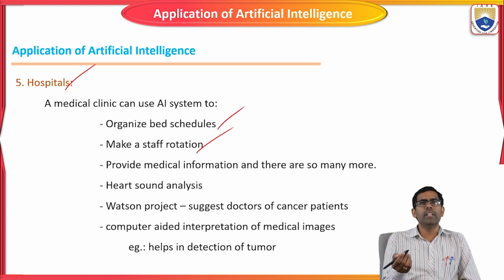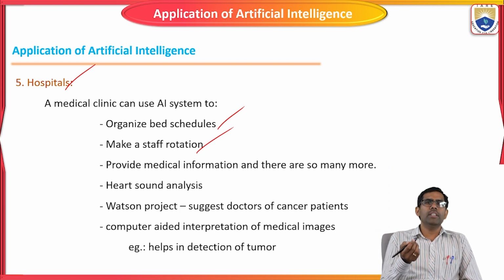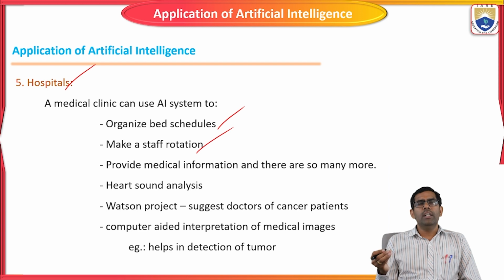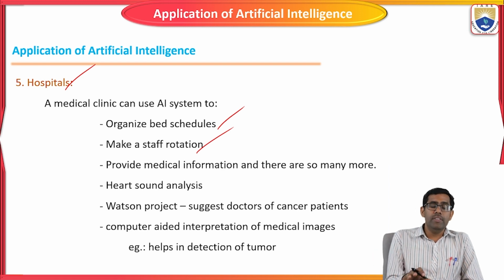I mean, we have the medical field. If you are telling about applications of AI, we can tell all the things. Nowadays, in each and every field they are based on artificial intelligence only.